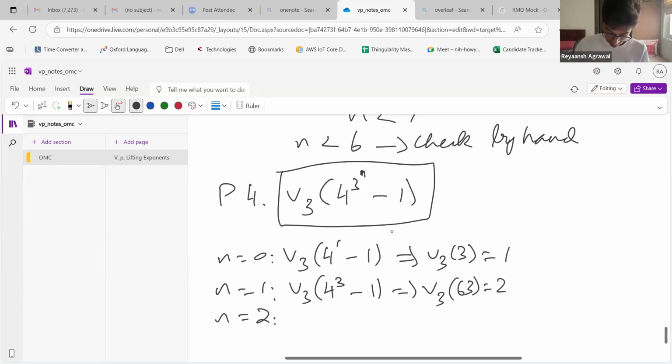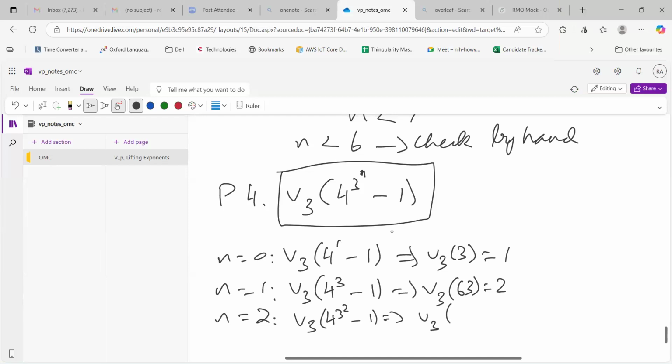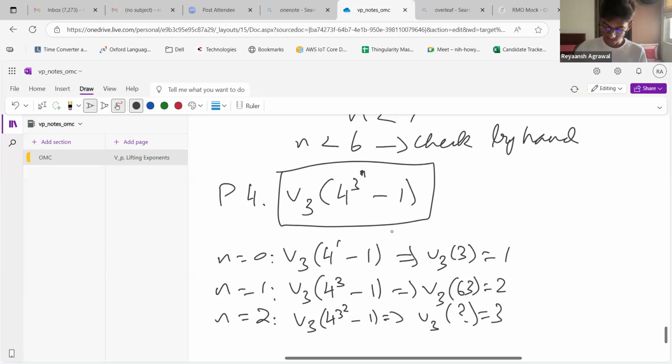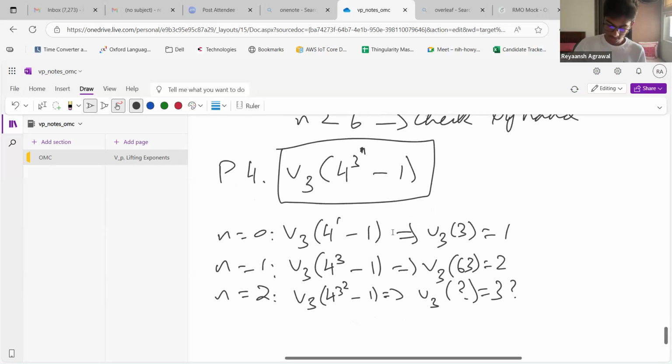Already you can see a pattern, right? What's the pattern here? The expression is equal to n plus 1. Yes, exactly. So can we conjecture that this is in general equal to n plus 1 and then try to prove it?